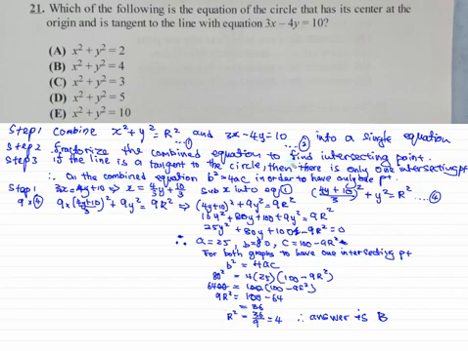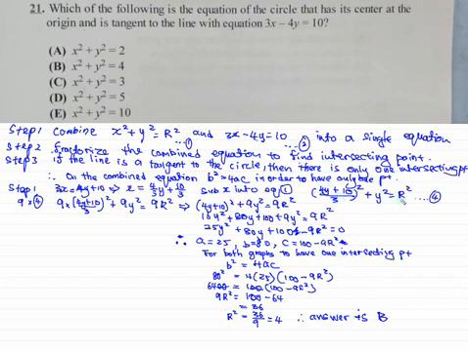Step 1: in this equation here, we make x the subject. Then we substitute x into equation 1, which is this, so you end up with an equation with y and r.